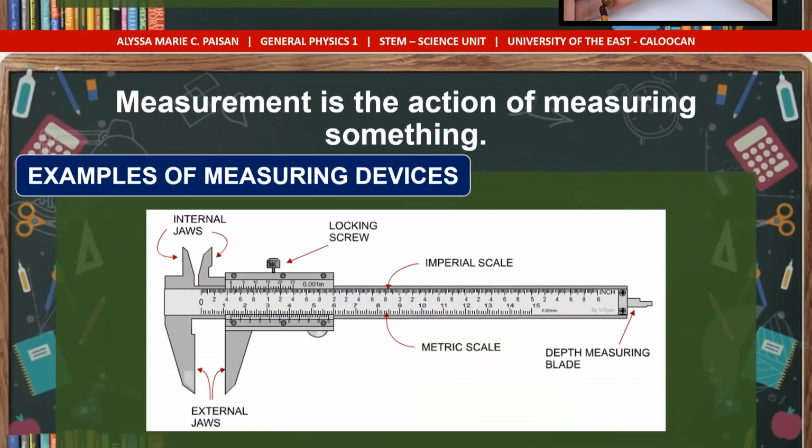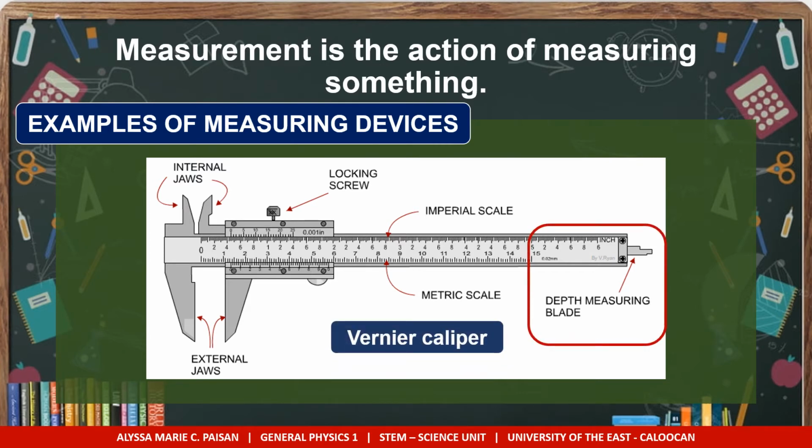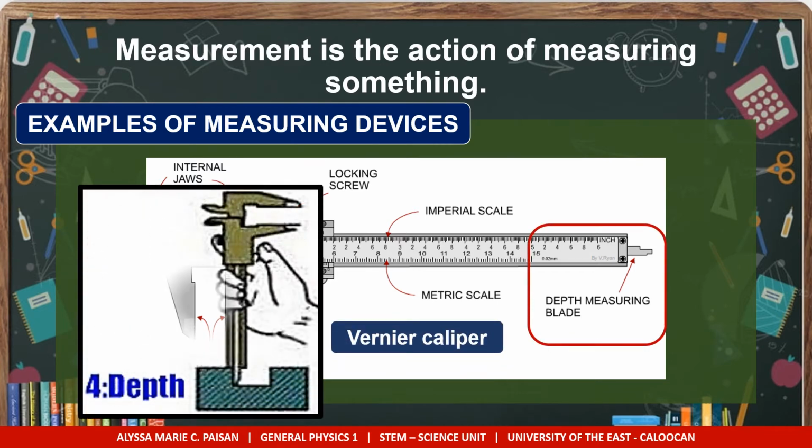Next, important major part of our vernier caliper is the depth measuring blade. The depth measuring blade is used, of course, to measure the depth for small objects. So for example, the dents of materials you will use in construction. Usually these are very useful if you become engineers someday.